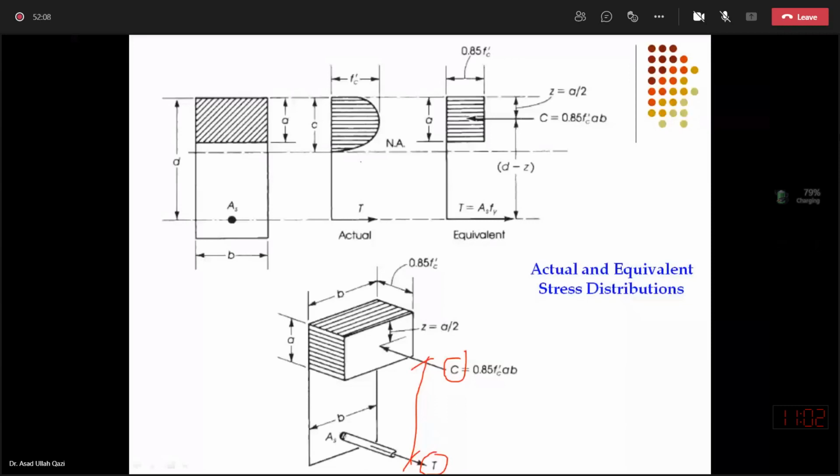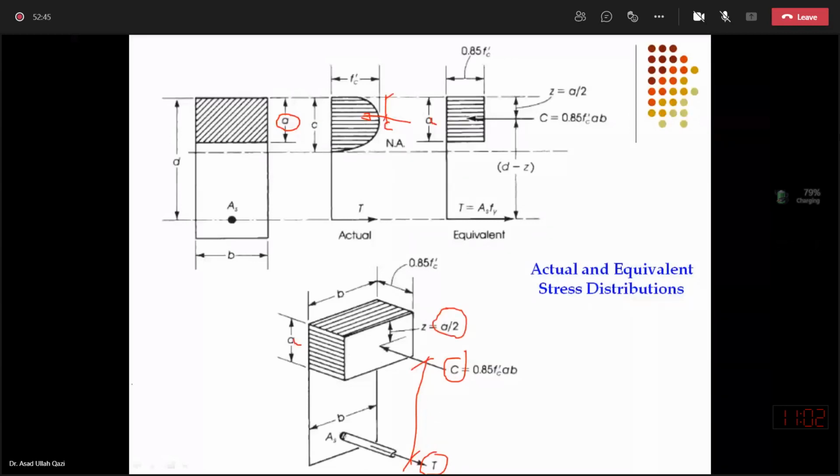The neutral axis depth is a little deeper, but once I use uniform stress block depth a, that is a little shallower than c, and on that a into the width of the cross section, when these uniform stresses are present, I can determine C. But this C and C from this picture should be equal, and the point of application from this picture and from this picture should be equal.